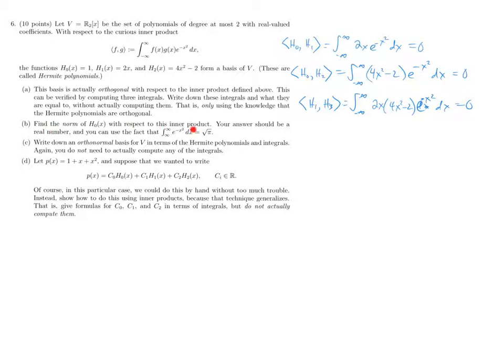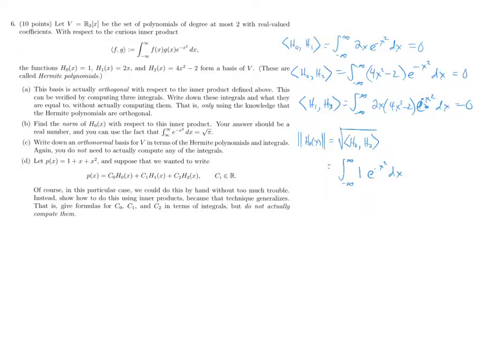Okay, so next, find the norm with respect to this inner product of it. And I just wanted you to do H naught, not the other two. So the norm of H naught of x is the square root of the inner product of H naught with H naught. I'm going to stop writing the of x. And so this is the square root of the integral from negative infinity to infinity of 1 times 1 e to the negative x squared dx.